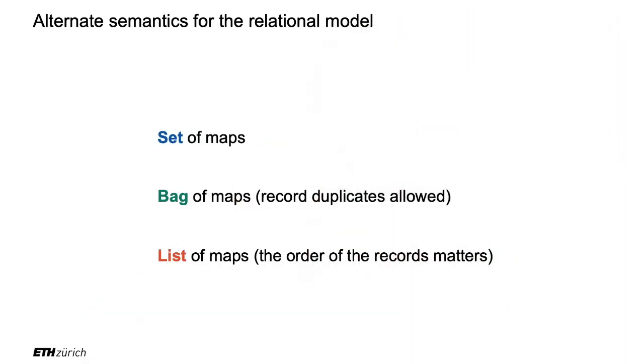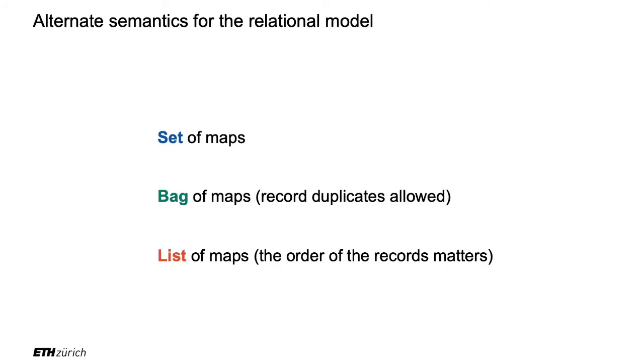However, and this is also a benefit of the second definition, in the future of 1970, so now it's the past, after having defined the relational model as sets of tuples, sets of maps, it was a very natural thing to do to say, why don't we relax things a bit? Why don't we allow bags of maps, meaning we allow for repetition? Why don't we allow lists of maps, meaning that the order of the records is important? And these would be flavors of the relational model.